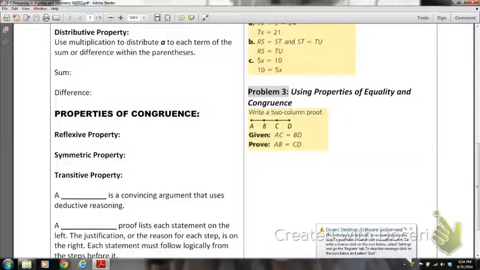The last property of equality is the distributive property. All that the distributive property indicates is that you are using multiplication to distribute a term, we'll call it A, to each term of a sum or difference within a parenthesis. So let's look at how to write this.